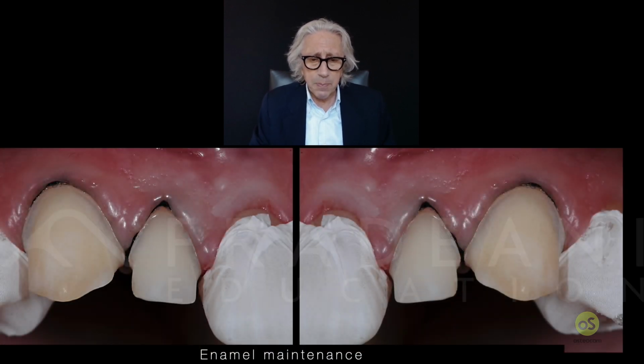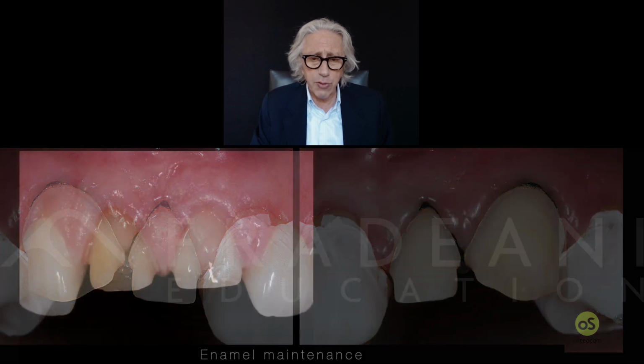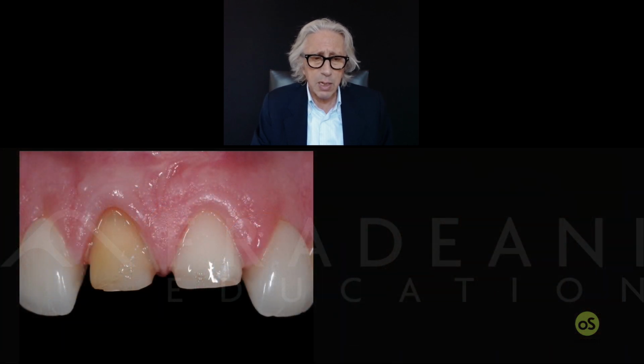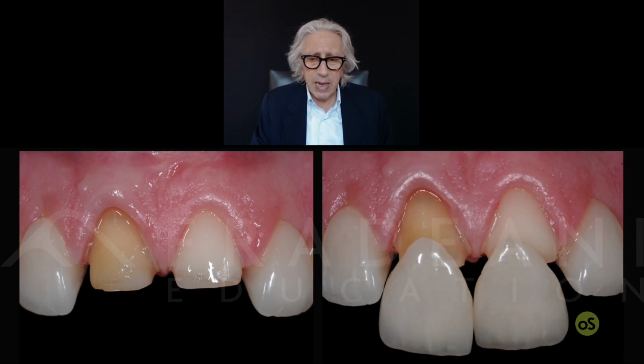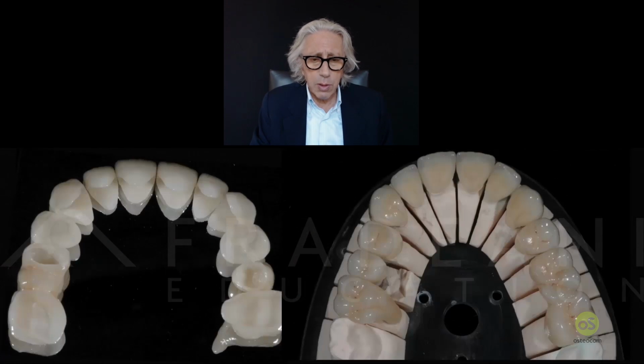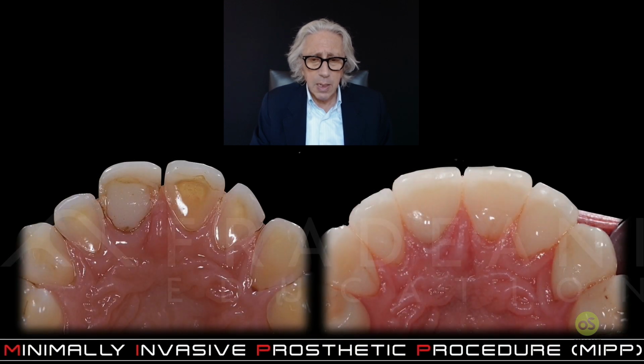We finalized the case. We had to cover also the marked discoloration of one central incisor, as you could see here. But we prepared it to be more in this case, of course. And we had the chance finally to cover anyway this discoloration, to finalize the case on the upper arch completely.